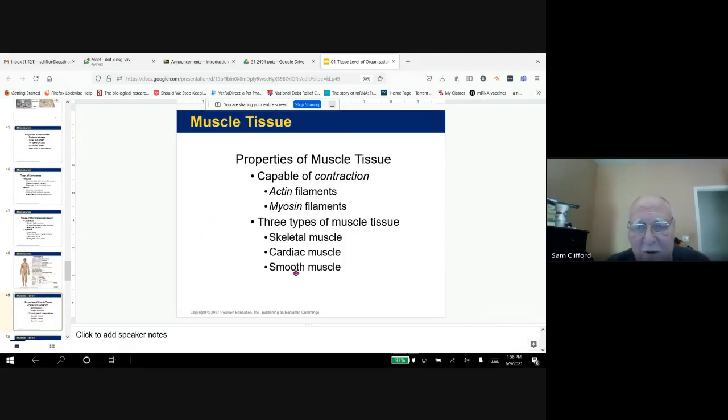Okay, let's keep going into muscle tissue. What does it do? It moves by these filaments that attach to one another and can move to shorten the muscle, and that's contraction. So we have skeletal, cardiac, and smooth.